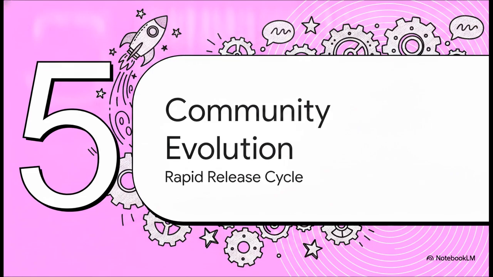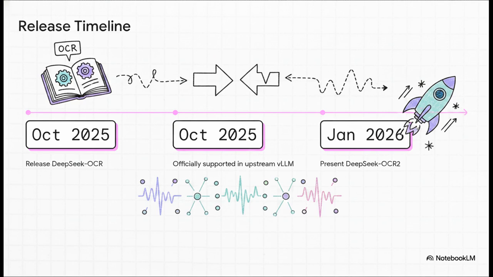Which leads us to our final section, number 5, community and rapid evolution. If you want a testament to the speed of open source innovation, just look at the release logs for this repository. DeepSeek-OCR officially launched its first iteration in October of 2025. Just days later, still in October 2025, mind you, it was officially supported upstream by the vLLM team.